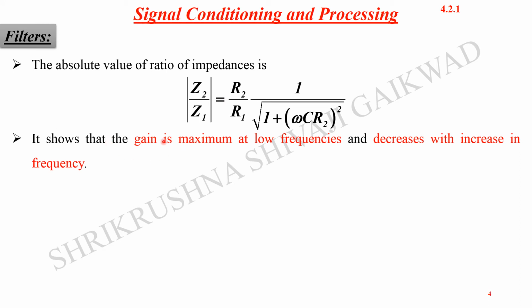It shows that the gain is maximum at the lower frequencies and decreases with the increase in frequency. Z2 by Z1 is the gain, so as the frequency goes on increasing, obviously this ratio becomes smaller and smaller, so the slope goes on decreasing once the frequency increases beyond the cutoff point.